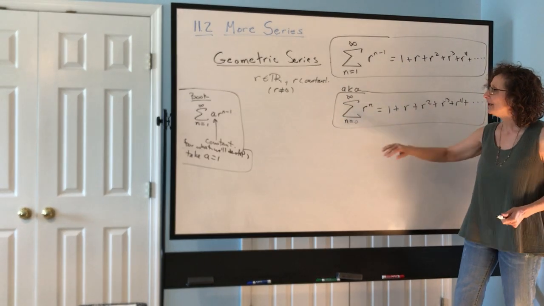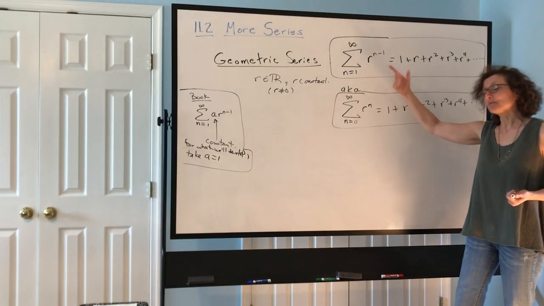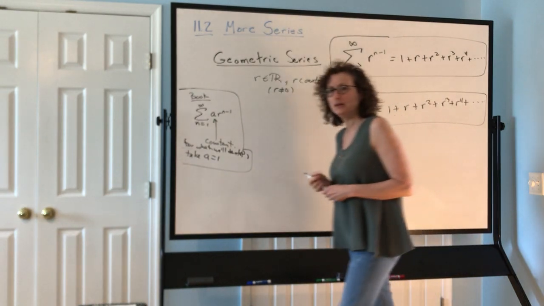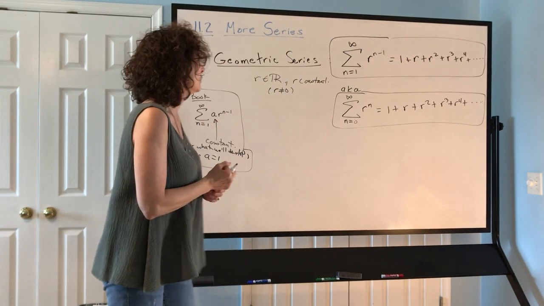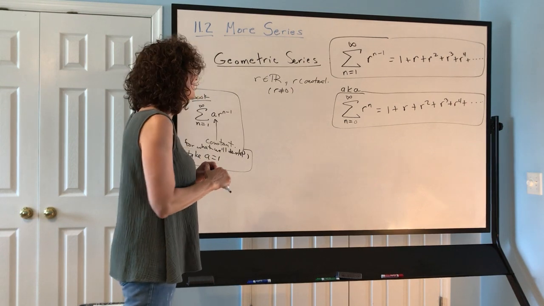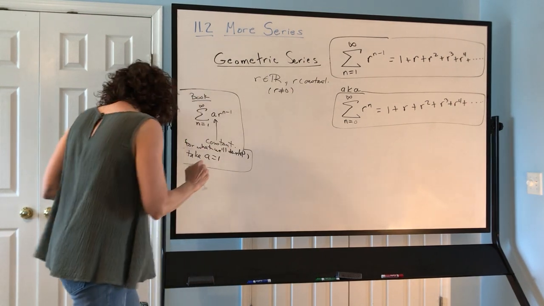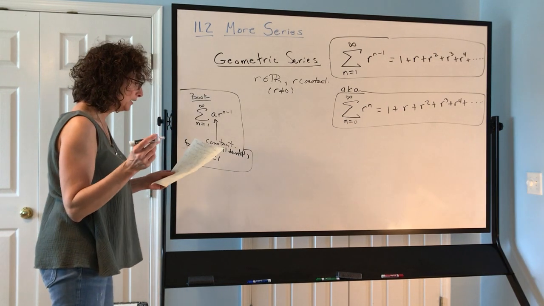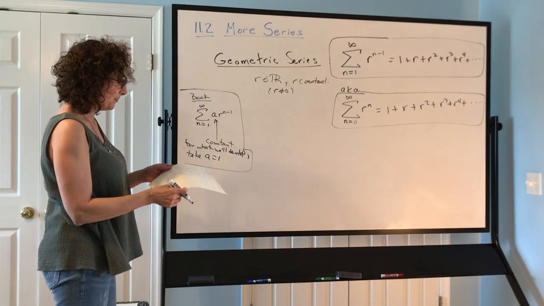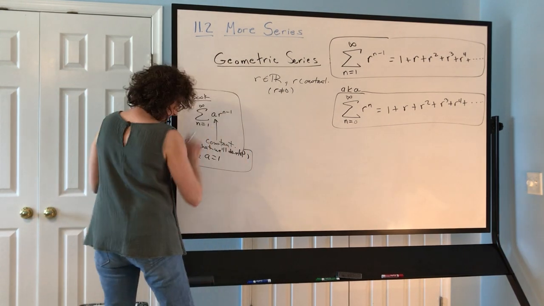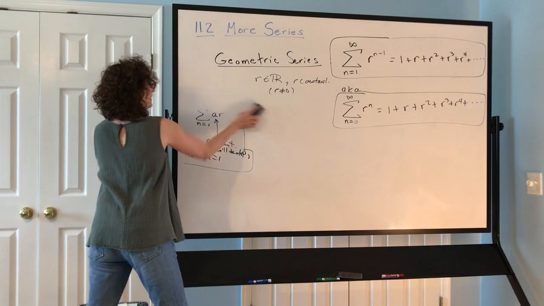All right, so I prefer this one, but this is the one your book works with, so I'm going to try to stick working with that just so that you don't have as many different things to deal with. Okay, so now that we know what this geometric series thing looks like, let's look at an example. I'm going to erase this now because I don't need that there anymore.